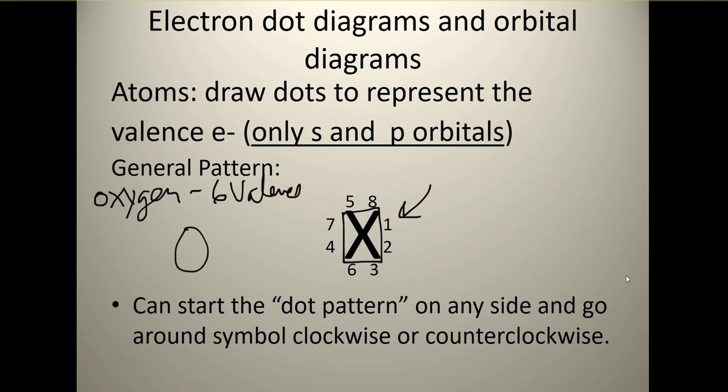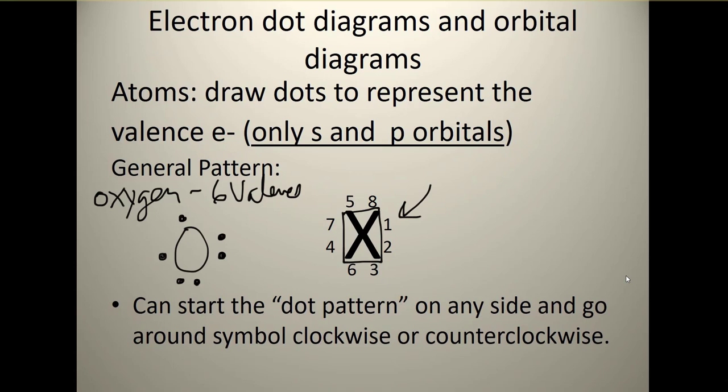And so I would draw those dots, 2 together, and then you're going to split up the other ones. So 1 on each side, and then I still need to have 1 more, so I'm going to split it up that way.